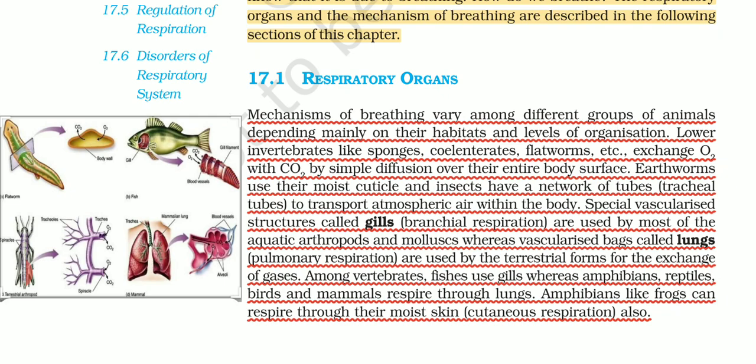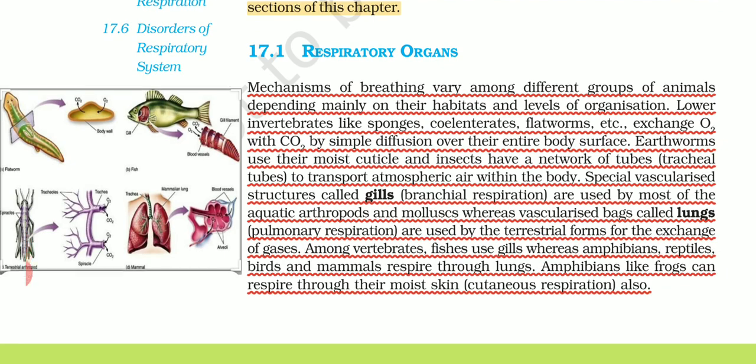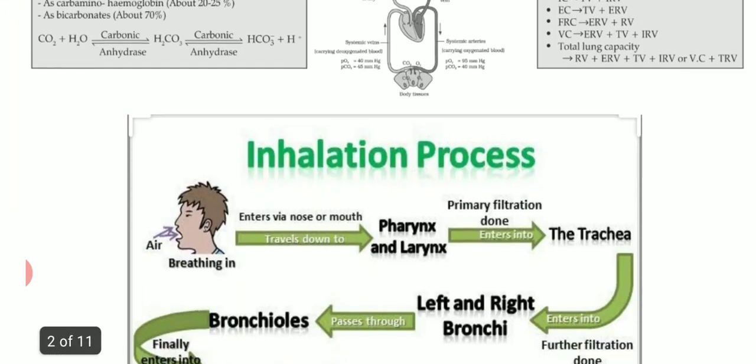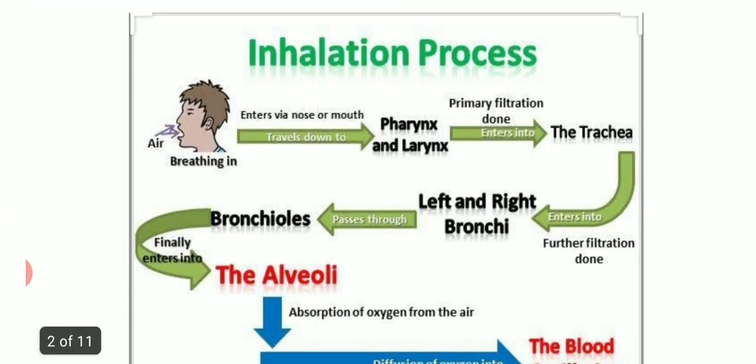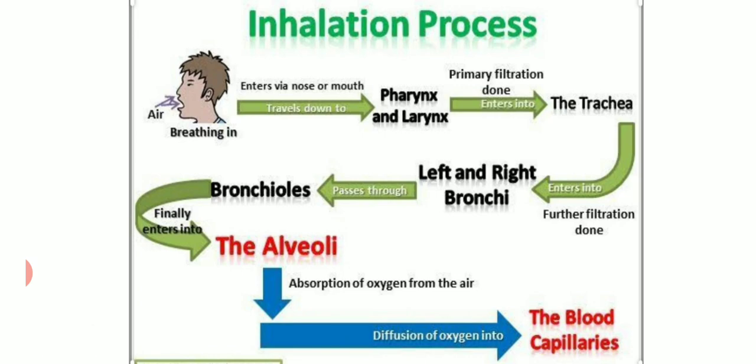So this is a very important feature, that most of the organisms which are terrestrial and most complex are using lungs for respiring. Fishes use gills, and amphibians, reptiles, birds and mammals respire through the lungs. Amphibians, because they can live both on land as well as in water, can use three, either gills, lungs or skin.